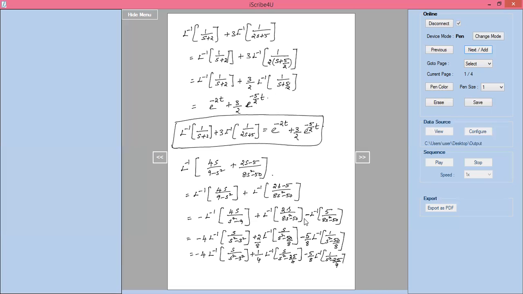In the next sheet, I'll simplify this one.